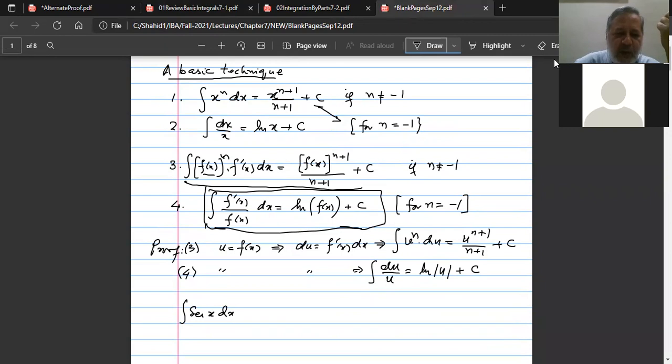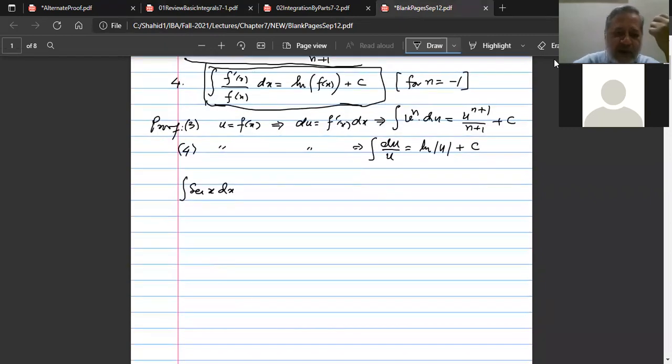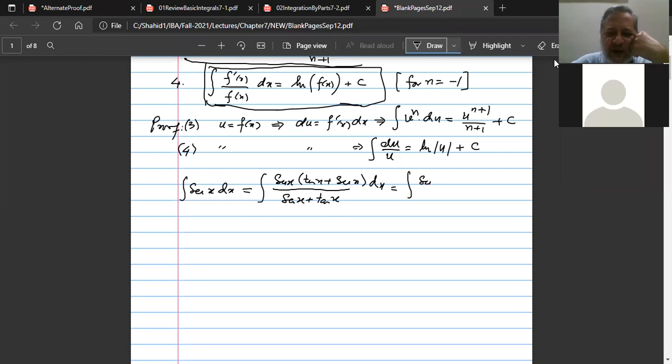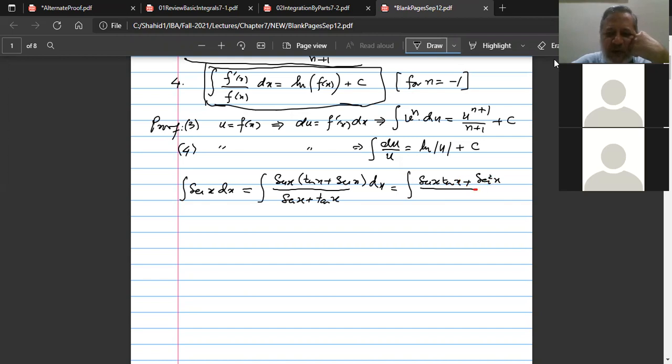Basically, we try to transform the integrand into a shape where we have some function in the denominator. In this case, we have secant x plus tangent x. So I divide by secant x plus tangent x, and multiply the numerator by secant x plus tangent x, so secant x multiplied by tangent x plus secant x. So the integral becomes secant x tangent x plus secant square x, whole divided by secant x plus tangent x.